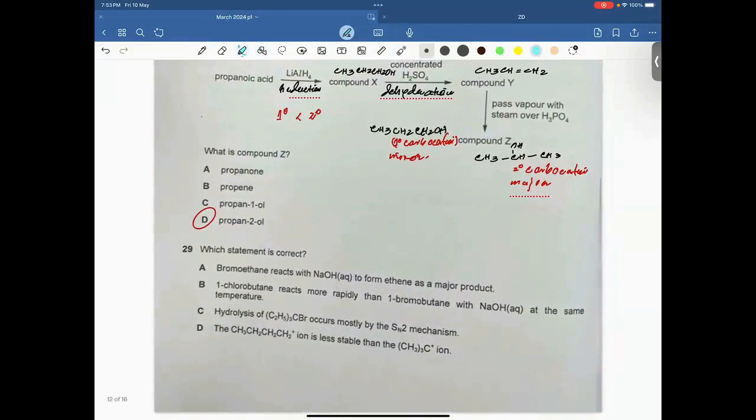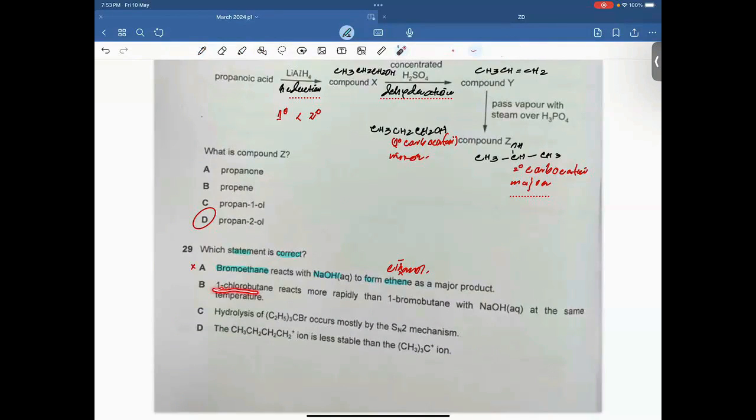Question number 29. Which statement is correct? Bromoethane, which is your alkyl halide, reacts with NaOH. You will get ethanol to form ethene. No, it's wrong. It's basically ethanol. That statement is incorrect.